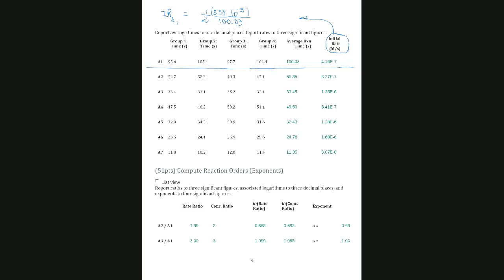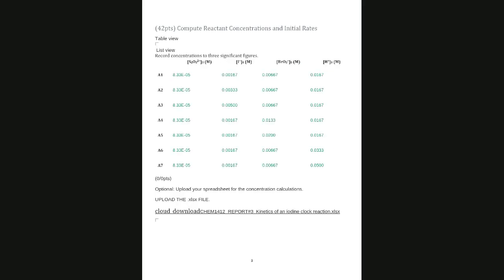So let's go back to the previous one here. The first table that you will have to complete is basically this one. And this one here is what we are using now.